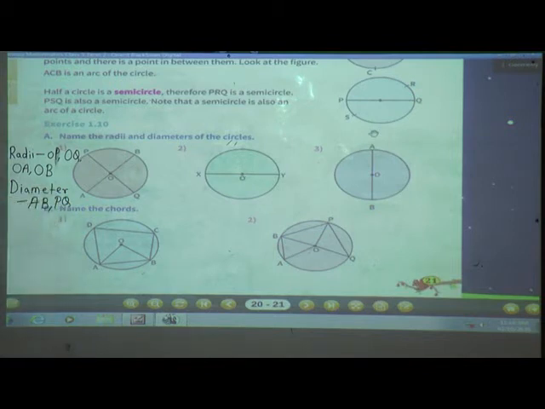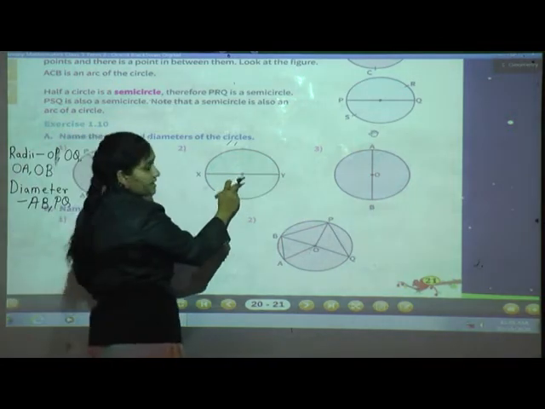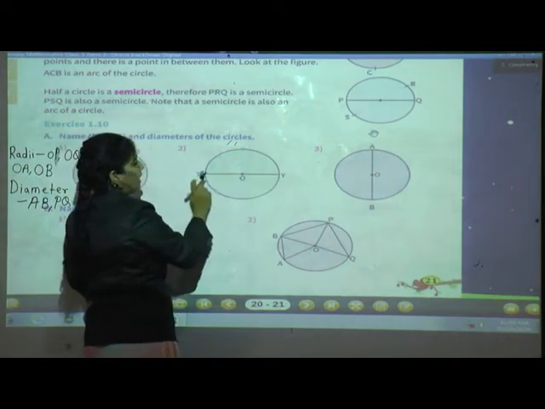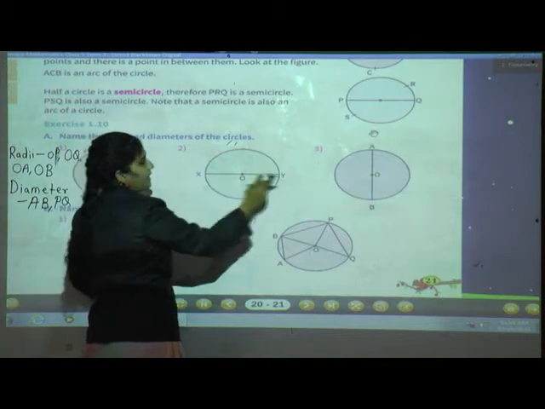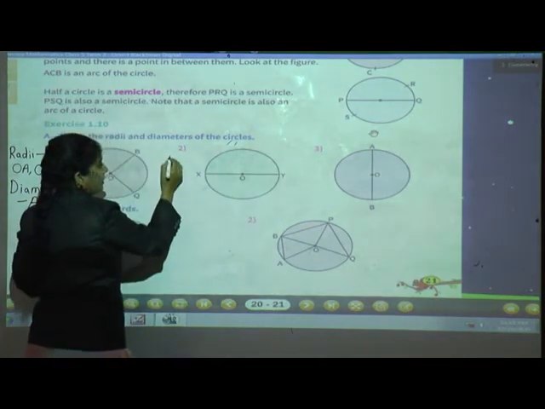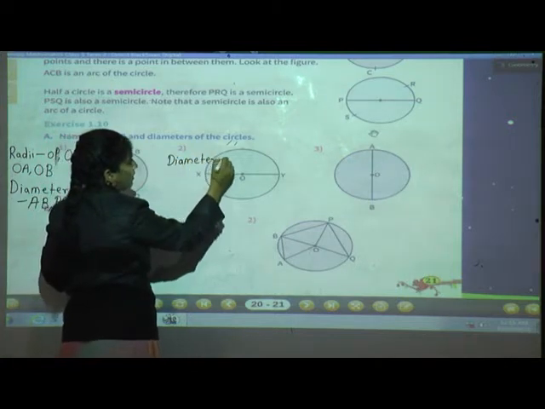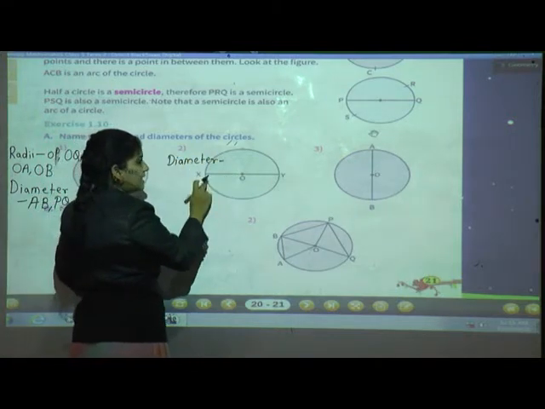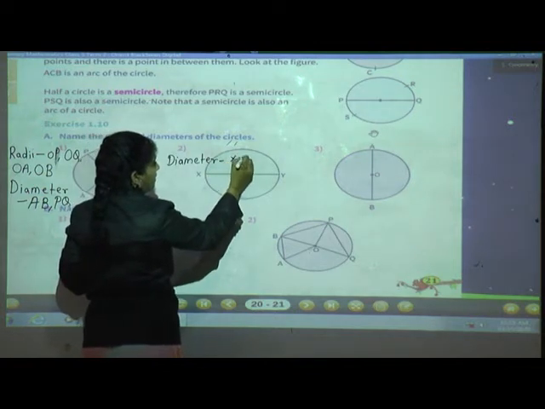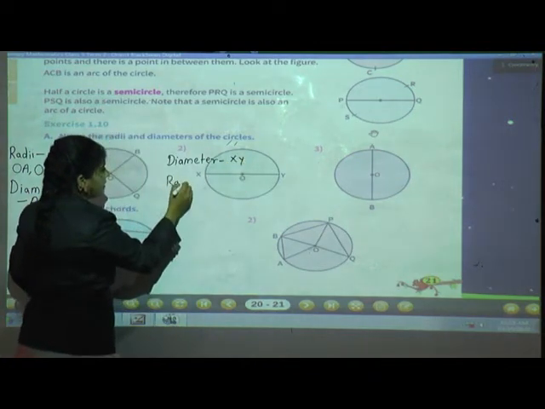Now second one, here center is O and the segment XY is passing through point O, that's why it is a diameter.